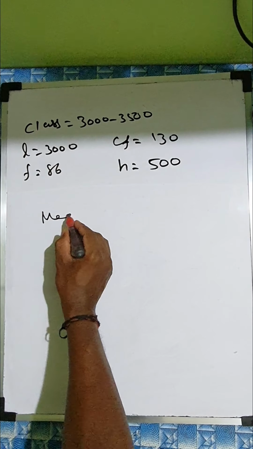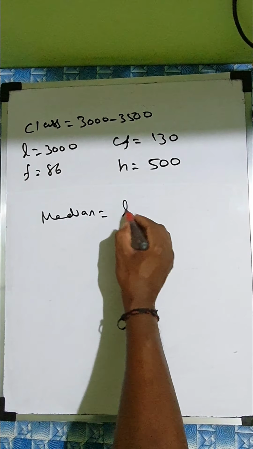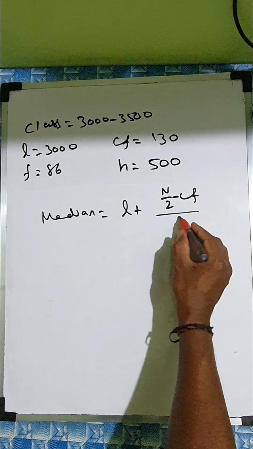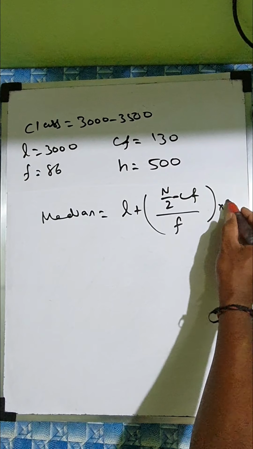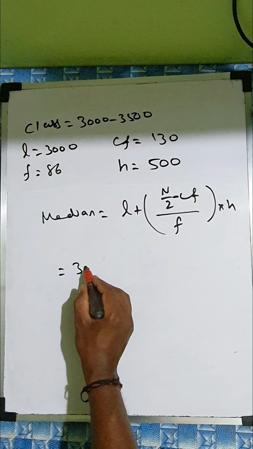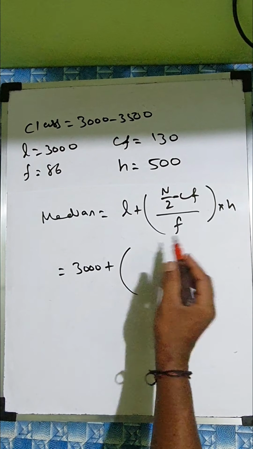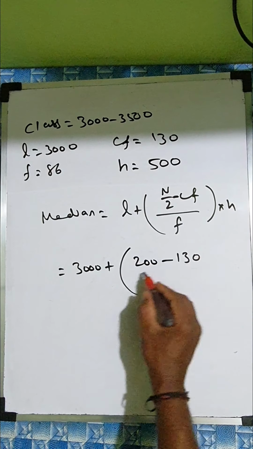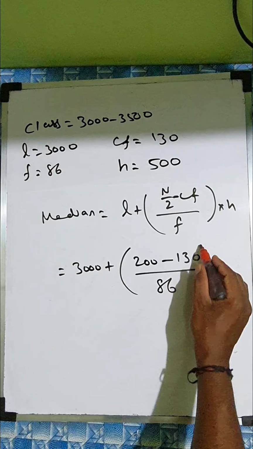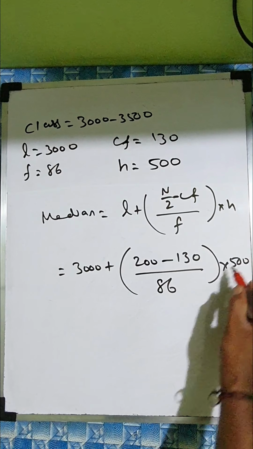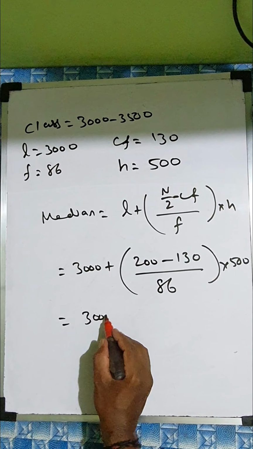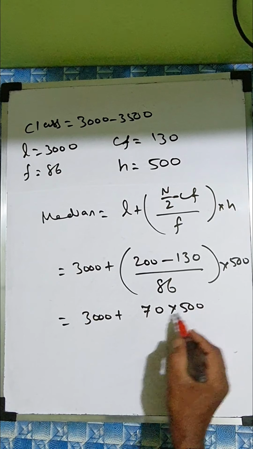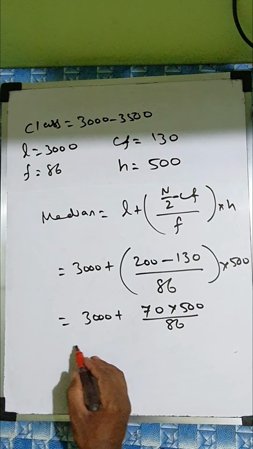So median equals L plus (n by 2 minus CF) by F into H. So 3000 plus n by 2, that is 200, CF is 130, divided by frequency 86 into 500. So 3000 plus 70 into 500 divided by 86.